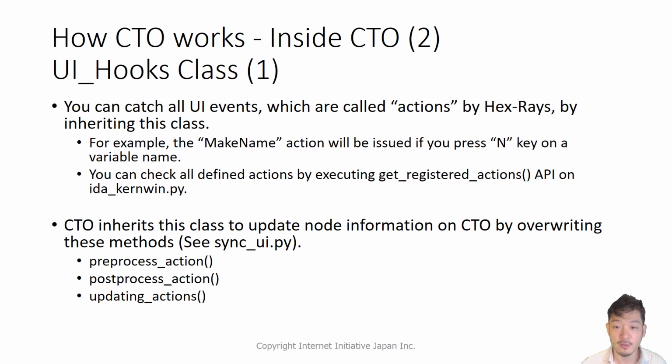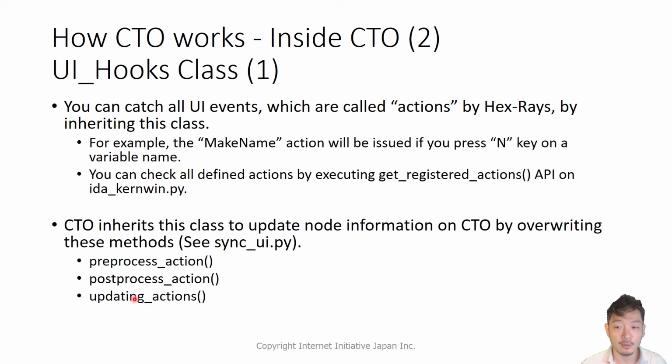CTO inherits this class to update node information on CTO by overwriting these methods. CTO compares the result of pre-process action with the result of post-process action by hooking them and checking the difference between them.